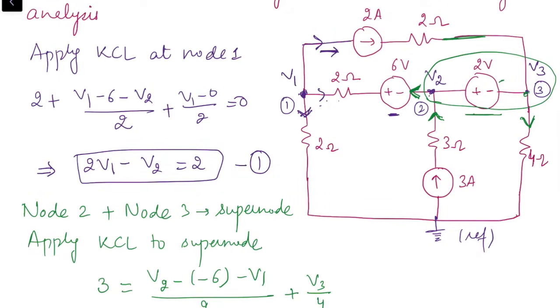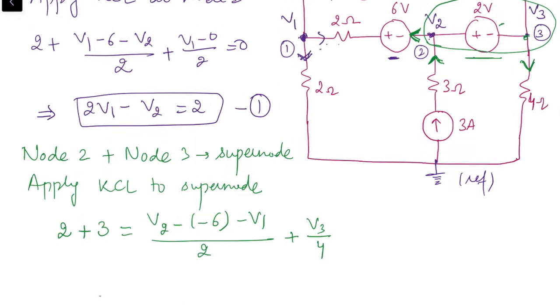Now current in this branch, that is 2 ampere, is flowing towards node 3, so it is an incoming current, so it will be added with 3 amperes. So the simplification of this will give us minus 2V1 plus 2V2 plus V3 equal to 8, which is our second equation.